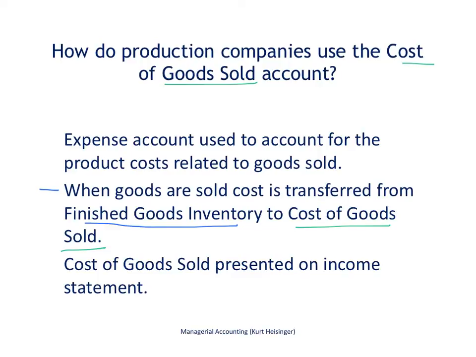The cost of goods sold account is an expense account, and it's used to account for the product costs related to the goods that we've produced that have been sold to customers. Once we sell the goods, the costs associated with those goods are moved from finished goods inventory over to cost of goods sold. And of course, cost of goods sold is presented on the income statement. It is an expense account, so it does appear on the income statement.